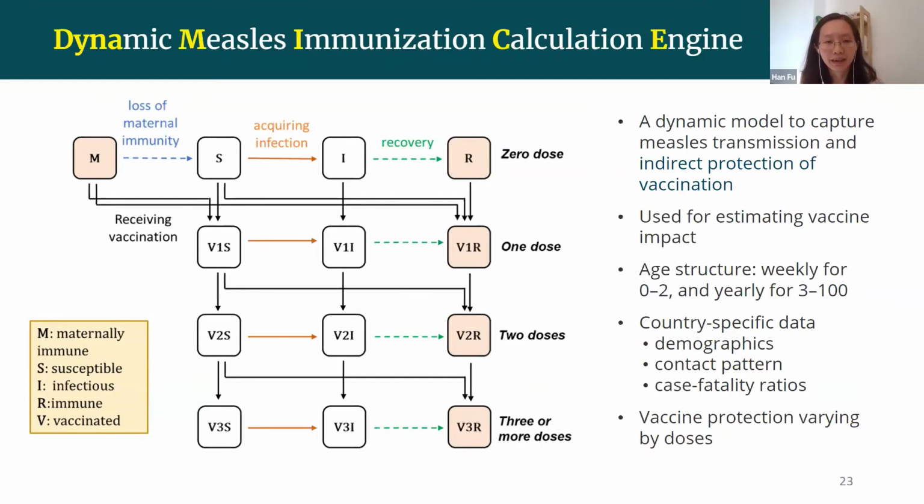As you can see in the figure for the model structure, we include several different states of transmission. We also include age structures, with yearly age groups and weekly age groups for the young age groups. We also incorporate country-specific data for demographics, contact patterns, and case fatality. And to capture the different protection effects of measles vaccination by different doses, we distinguish this population in our model.